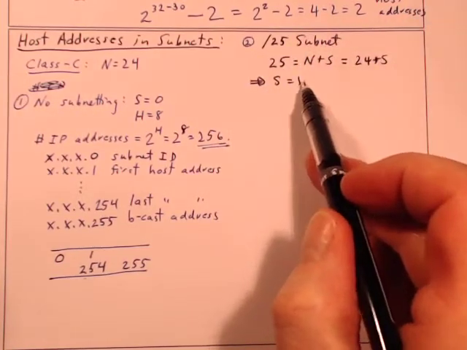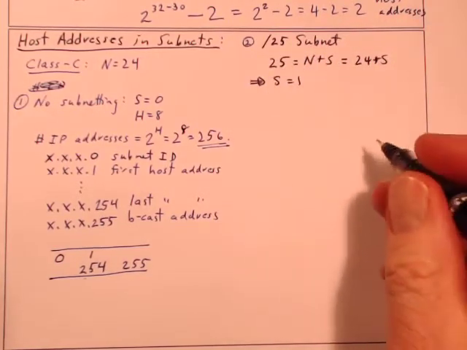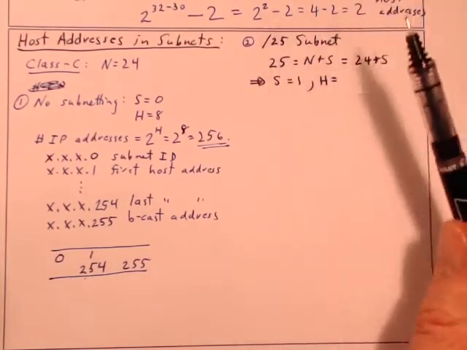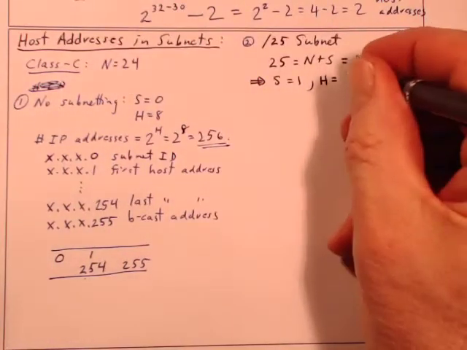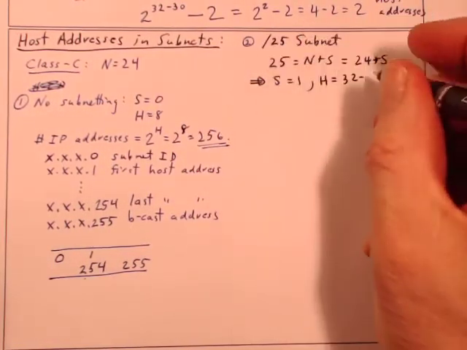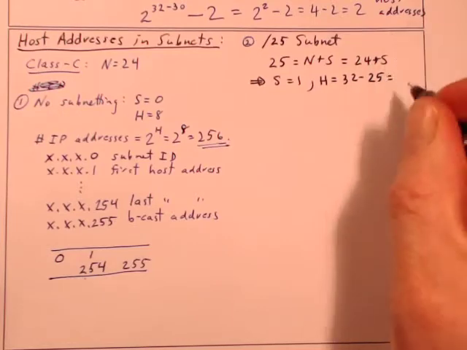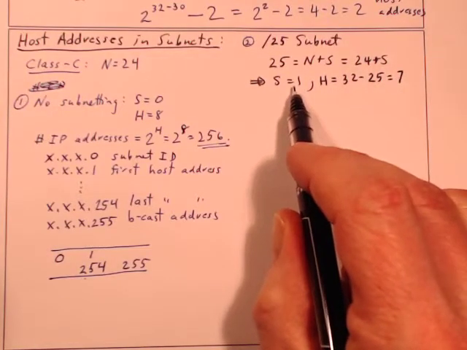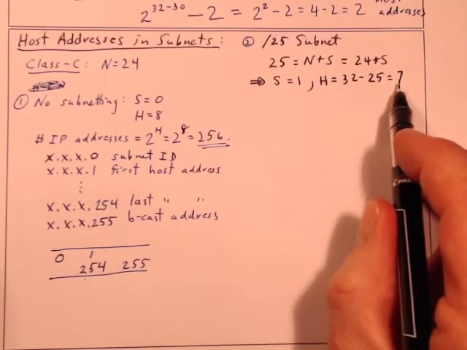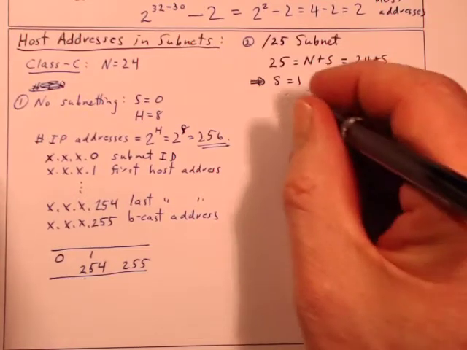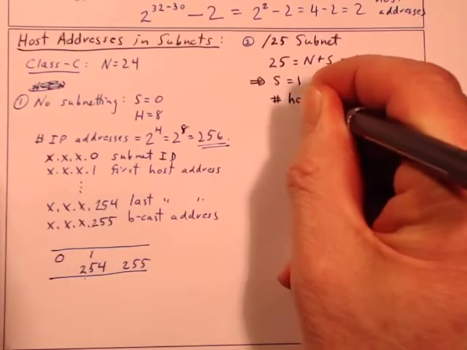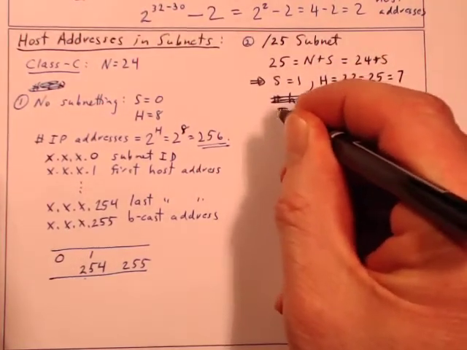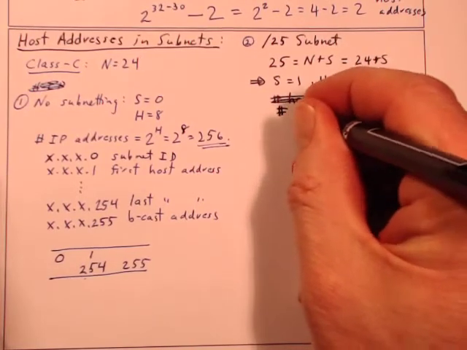So I'm using 1 bit for the subnet ID. And h is equal to 32 minus 25, or 32 minus the slash number, which is then 7. I've got 1 bit for the subnet ID and 7 bits for the hosts. So the number of IP addresses, and the number of hosts is 2 less than the number of IP addresses.